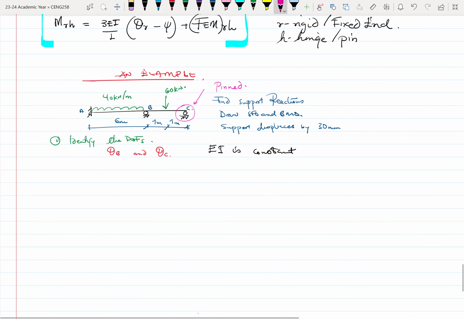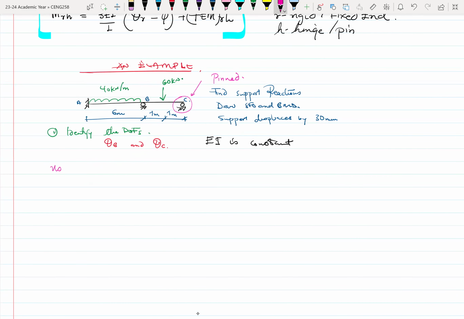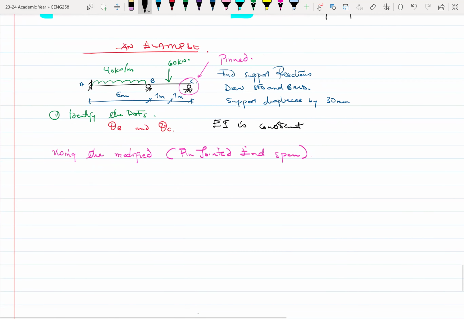So using the modified approach, which takes into consideration the pin jointed end, when calculating our fixed end moment, things will change slightly. For span AB, nothing changes.